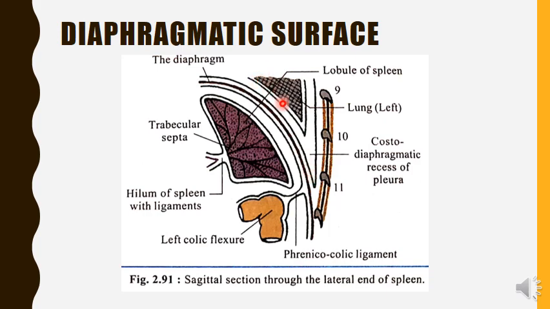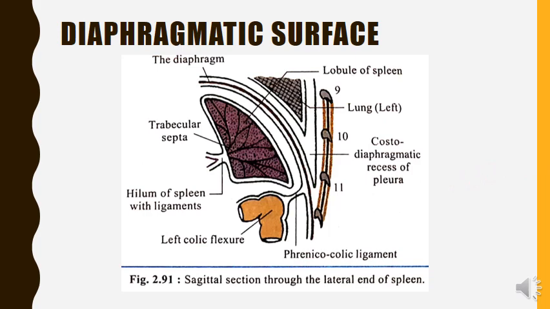Then it is also related to the lung here, the lower border of the left lung and the pleura which covers the lung, and the 9th, 10th, 11th ribs. In the earlier image also I told you the diaphragmatic surface is related to the 9th, 10th, 11th ribs.